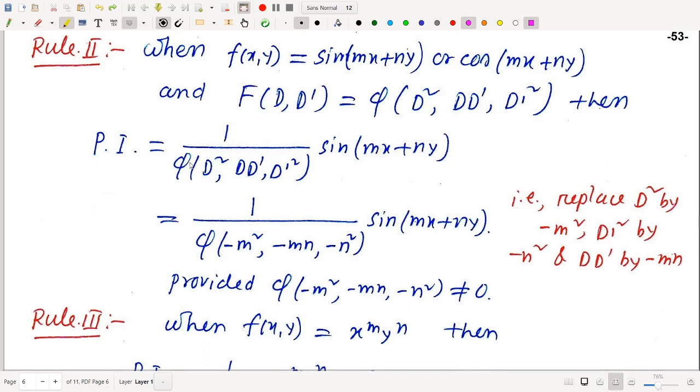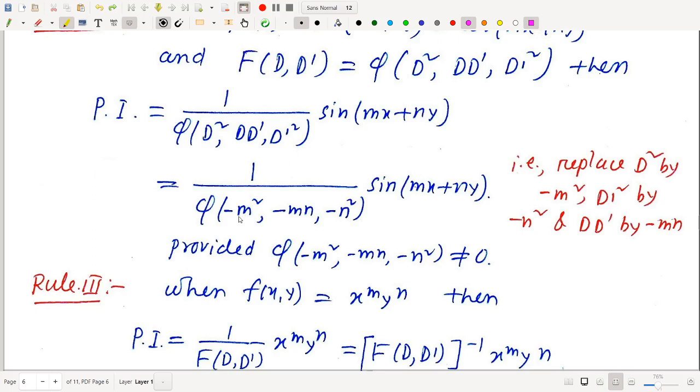In that case, PI equal to 1 by phi of D square comma D D dash comma D dash square operating on sine of mx plus ny, which gives 1 by phi of minus m square comma minus mn comma minus n square, sine of mx plus ny, provided of course this expression is not equal to 0.